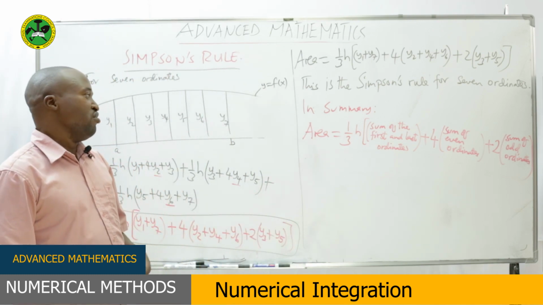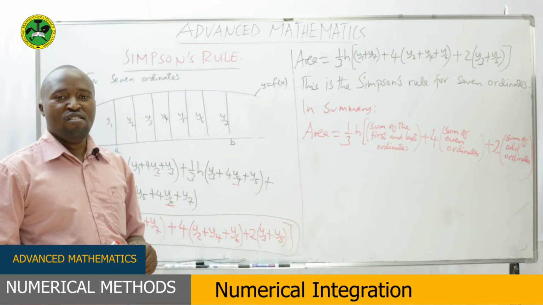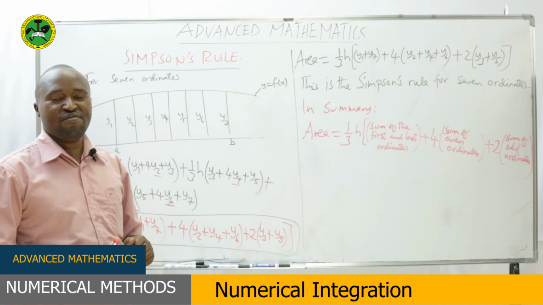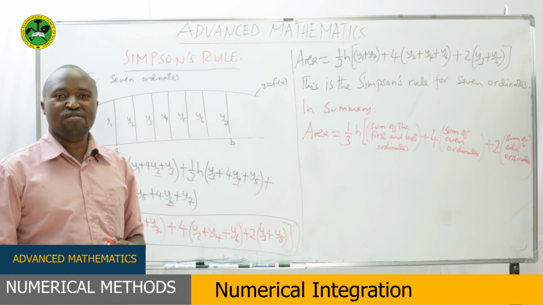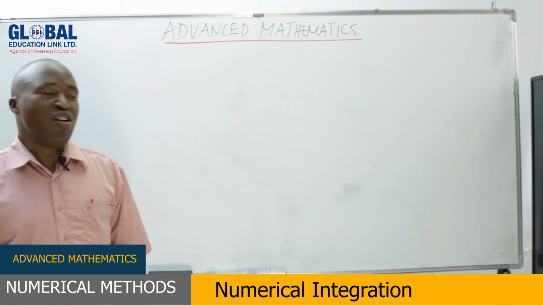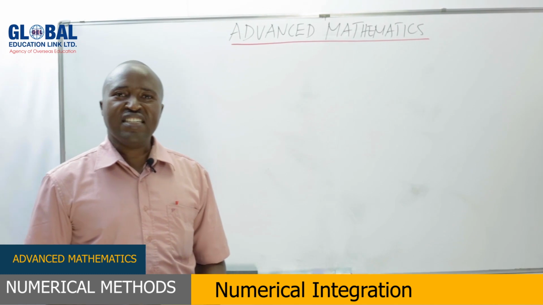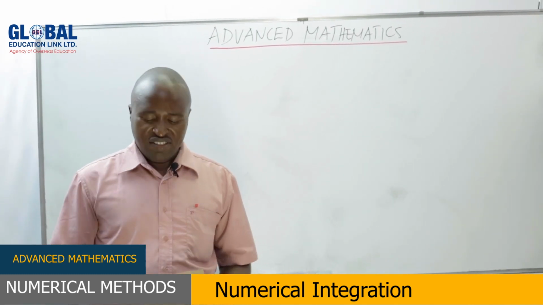So in this case, we have the general formula of finding the area under the curve, that is what we call Simpson's rule. So my dear student, now let us start doing the review questions.